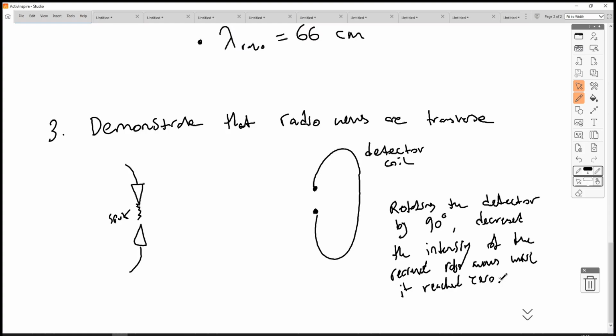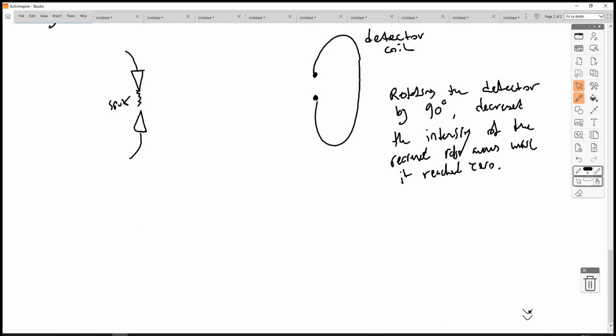So this shows that the radio waves were polarized.